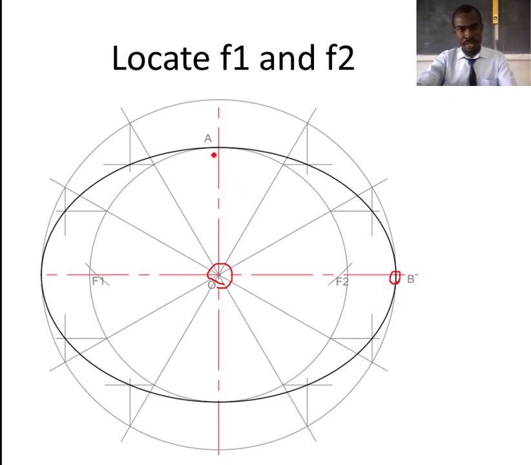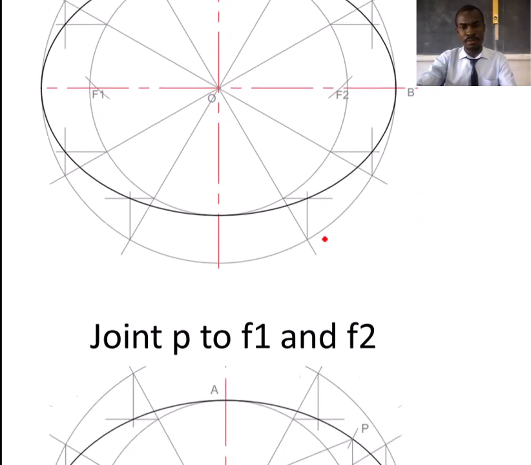With that radius, stand at point A. With point A, cut the center line that is along the major axis. Once you cut the center line on the left and on the right, those 2 points will be the points F1 and F2. Keep in mind this radius is half of the major axis.